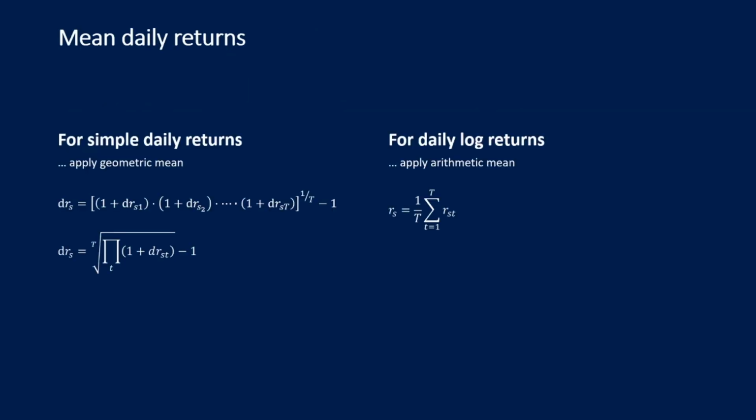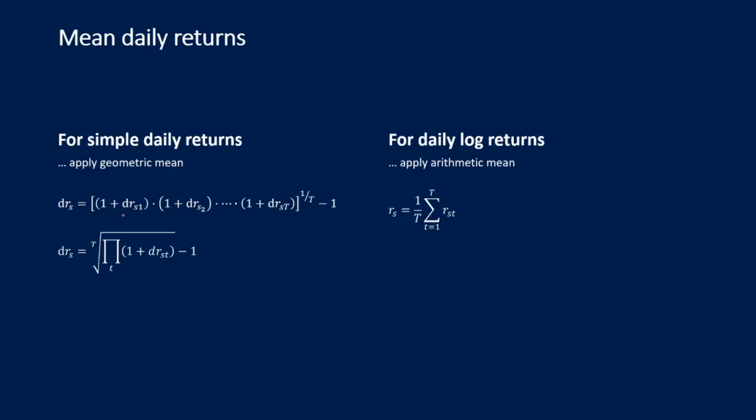Okay, if we now take an average, if we now calculate mean daily returns, it is well known that for simple daily returns we need to apply the geometric mean. What does that mean?